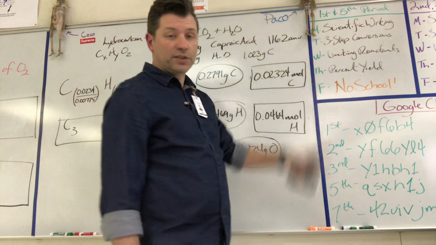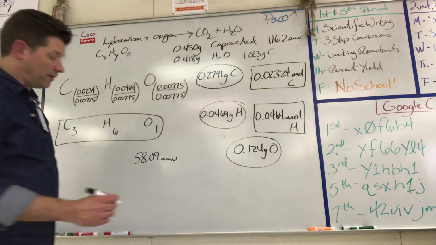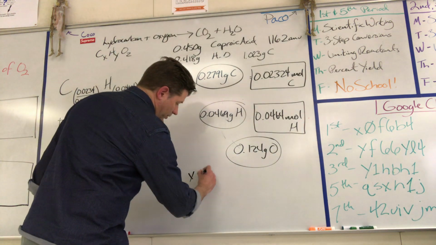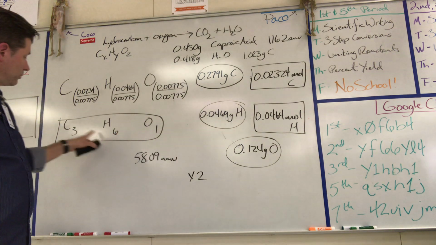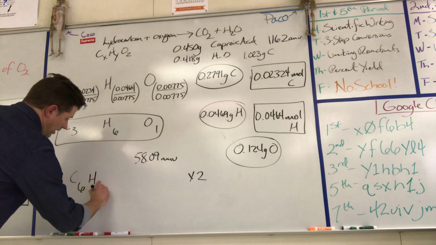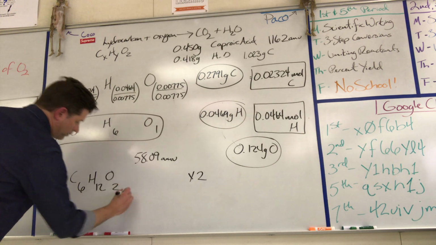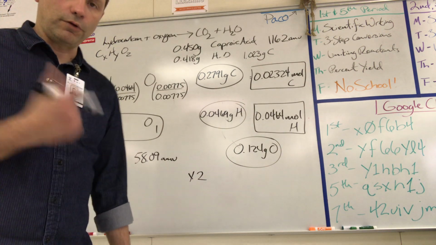If you take 116.2 and divide it by that, you get a factor of about 2, just a little bit over. So multiply 2 times each one of these, and it's C6H12O2. That is your molecular formula for caproic acid.